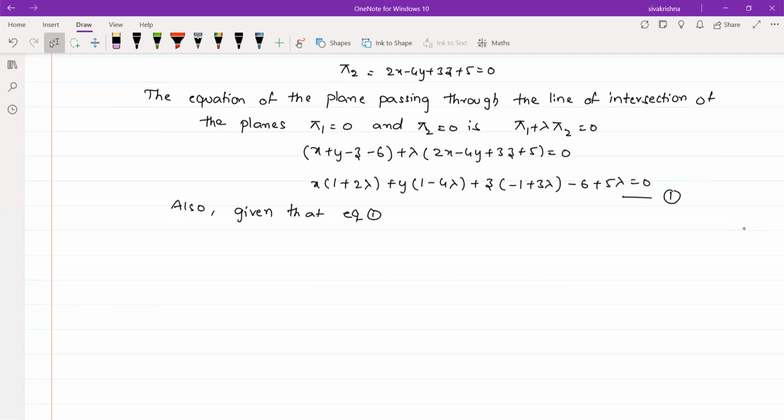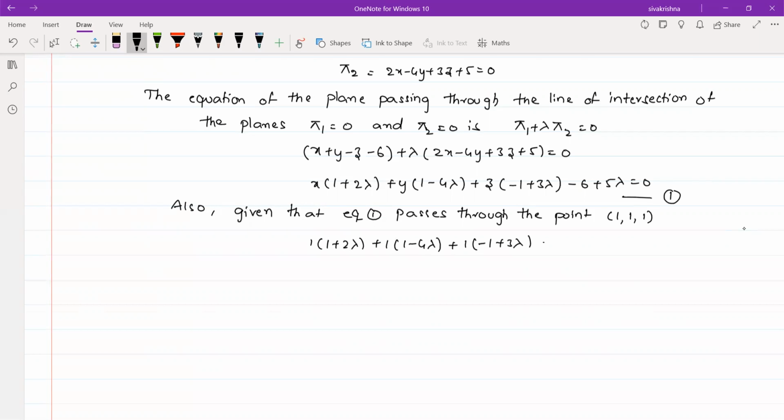Equation 1 is our required plane, and it passes through the point 1, 1, 1. It means we have to substitute 1, 1, 1 in place of x, y and z. So we get 1 into 1 plus 2 lambda, plus 1 into 1 minus 4 lambda, plus 1 into minus 1 plus 3 lambda, plus minus 6 plus 5 lambda is equal to 0.